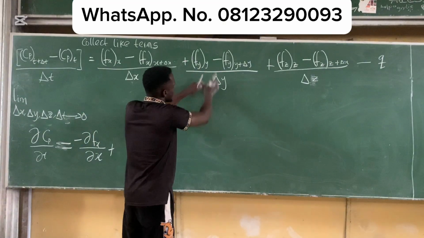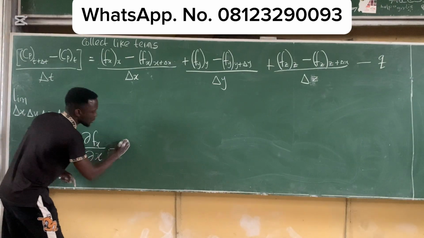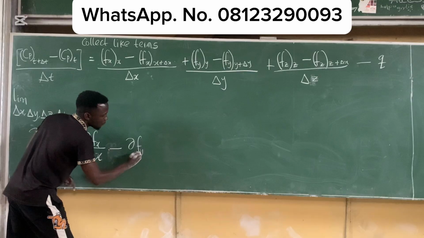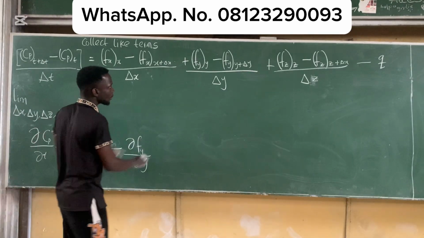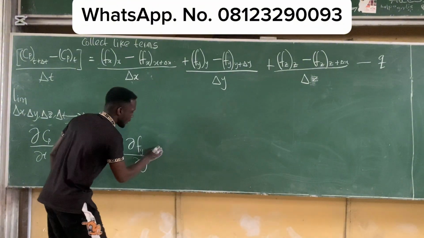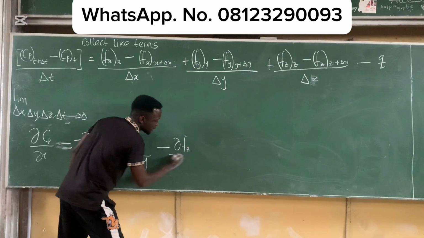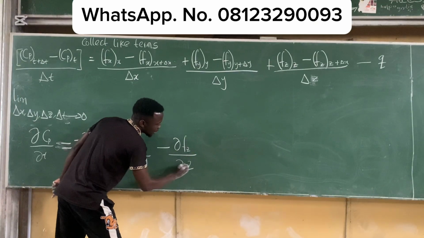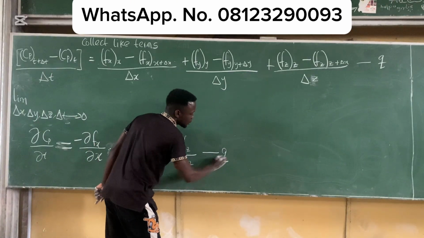Limit everything here to 0, we are going to have minus partial fy divided by partial y. Limit everything here to 0, we are going to have minus partial fz divided by partial z, then minus q.